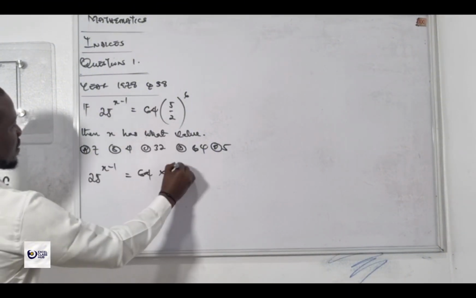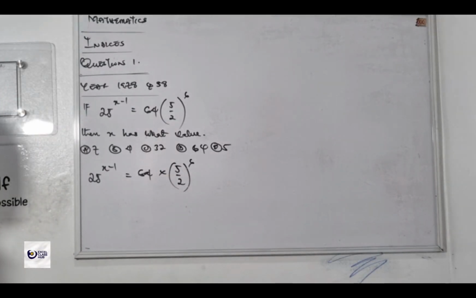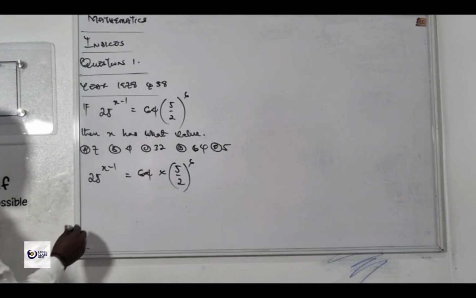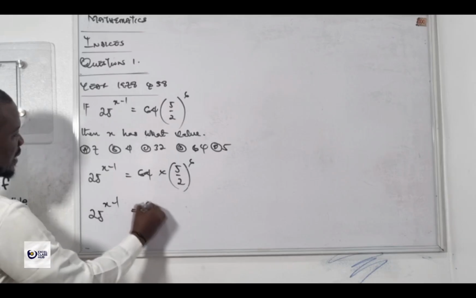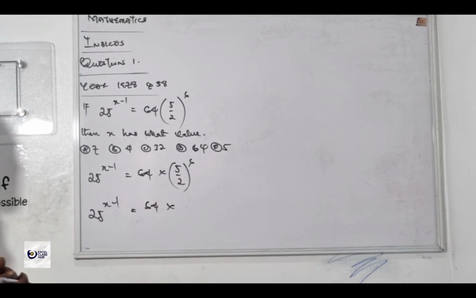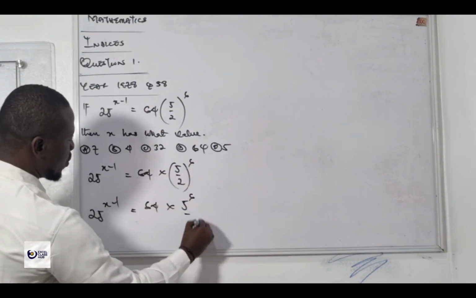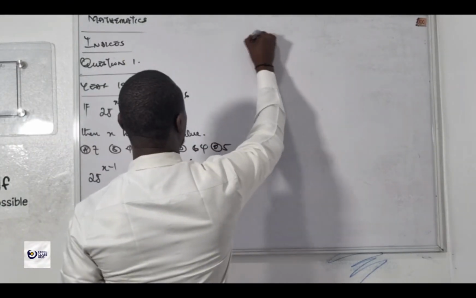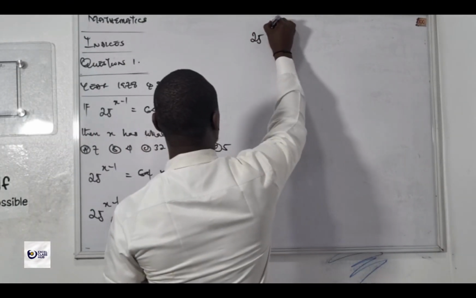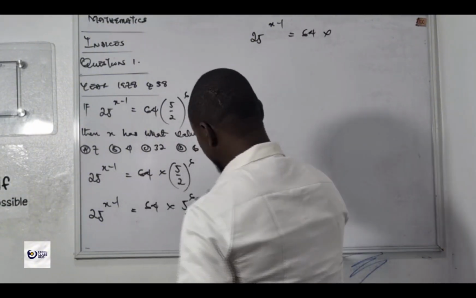From the law of indices, 5 will take its own 6, and 2 will take its own 6 also. So from here, I can now have 25 raised to the power x minus 1 equals 64 times 5 raised to the power 6.